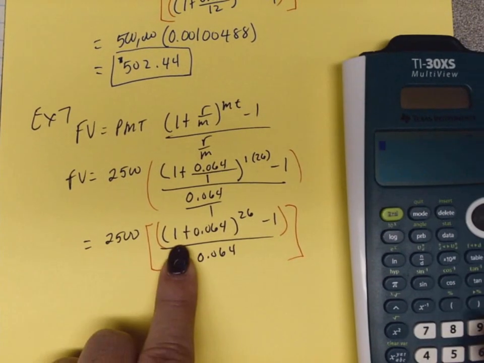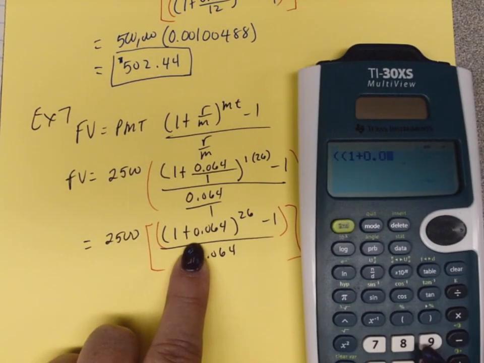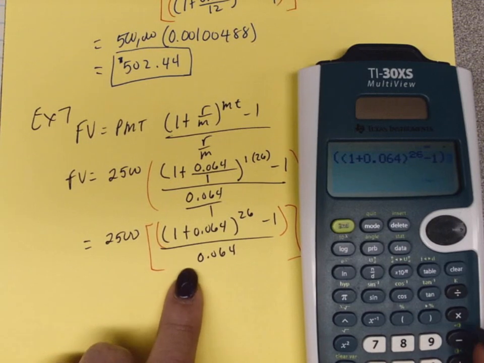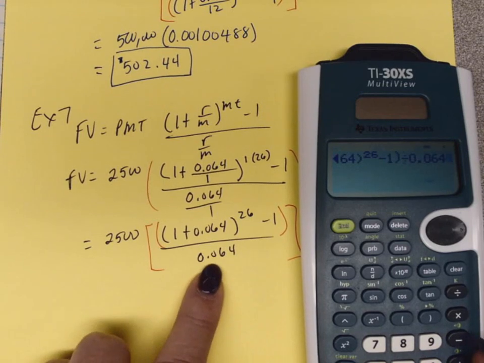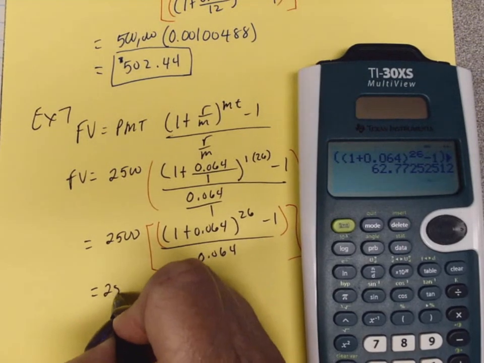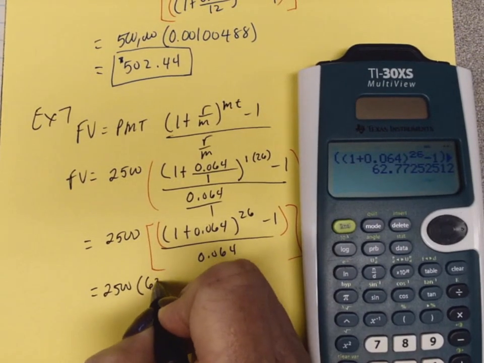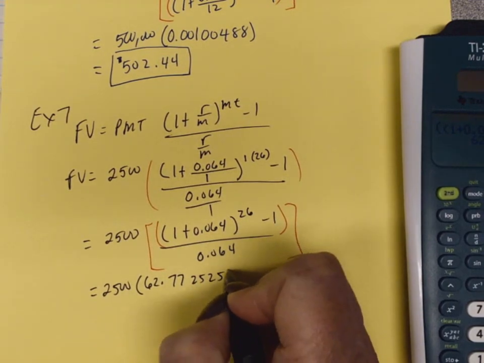So we've got parenthesis, 1 plus 0.064, close the parenthesis, raised to the 26, back it down, minus 1, close the top. Divide by 0.064. I don't have to do parentheses because it's just one number. Hit enter, and this will get us 62.77252512.